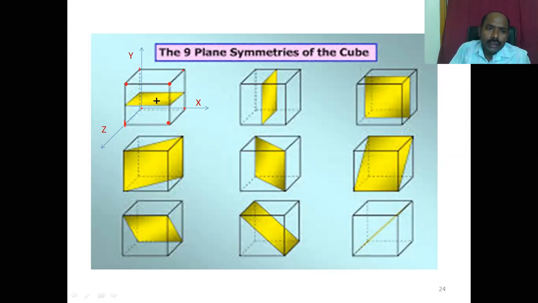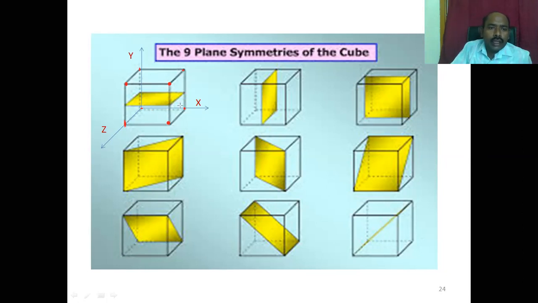So in this case, how many such planes exist for a cube? The plane is parallel to certain faces and perpendicular to the remaining faces, and it passes through the center points of the opposite faces.